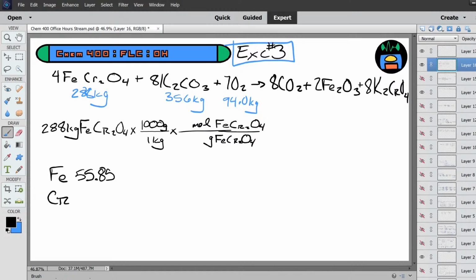Chromium is close to iron. Oh, yes, it is. It is 52.00. And we have 2 of them. And oxygen is 16.00.